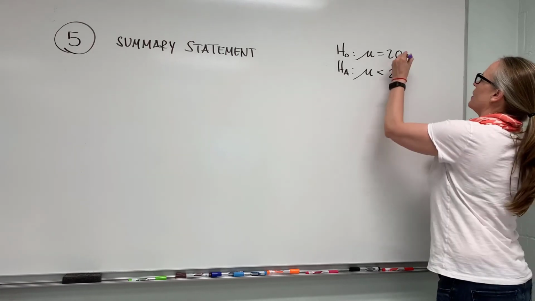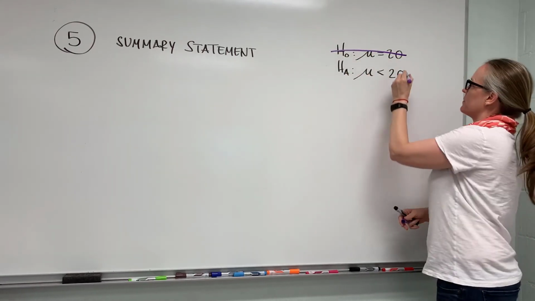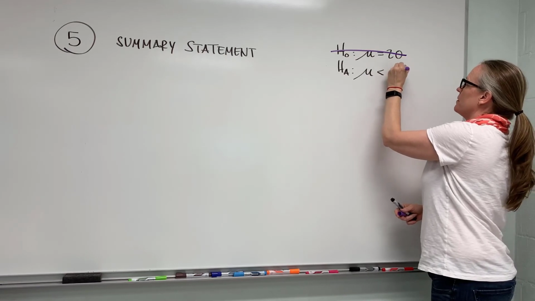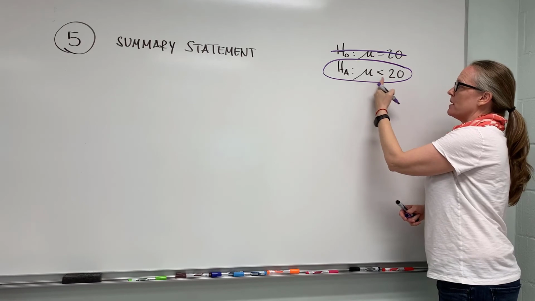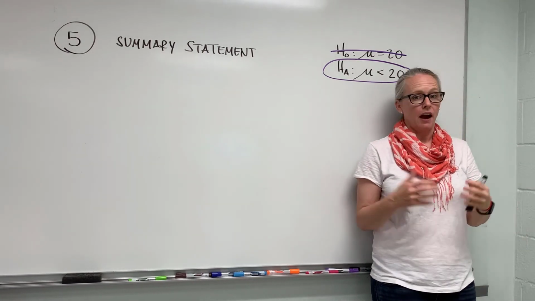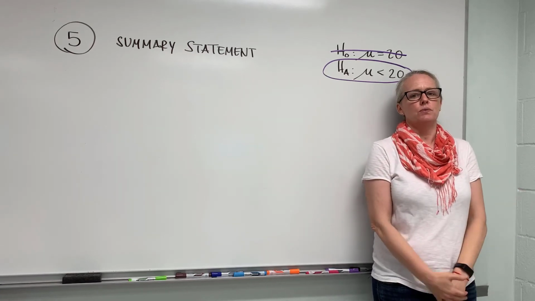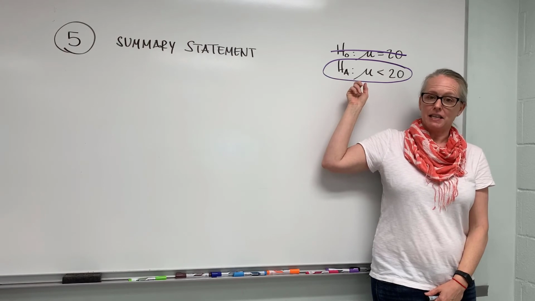So we'll reject it. And when we reject the null hypothesis, we're left with the alternative, which says that the mean is less than 20. So what we're walking away from this testing process with, after using our evidence to check it out, is that the mean is indeed less than 20.